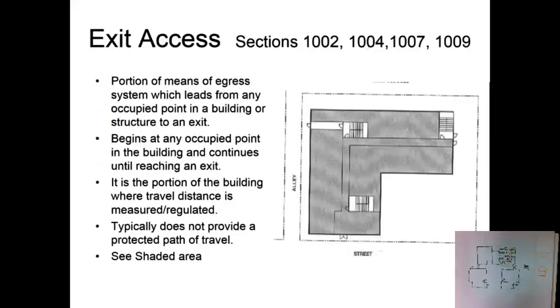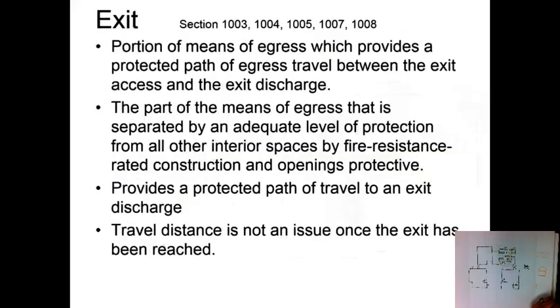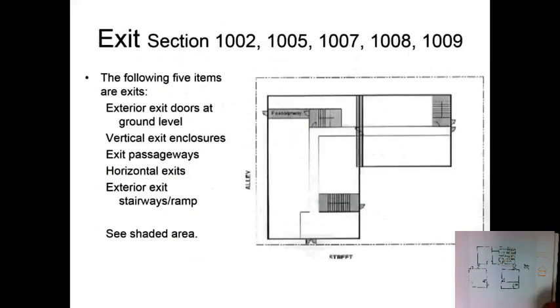So here are examples. This is exit access. You can see everything that's in gray. We have exit, the portion of means of egress protected by a path of egress, the part separated in a building. We've talked about each of those. Here they are. Remember, we talked about here.